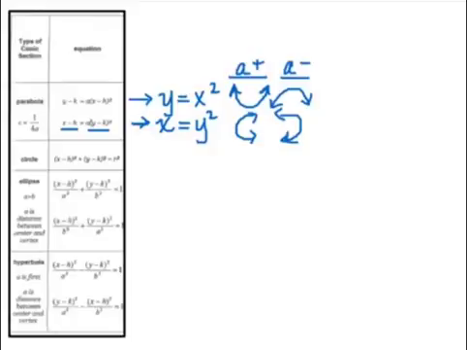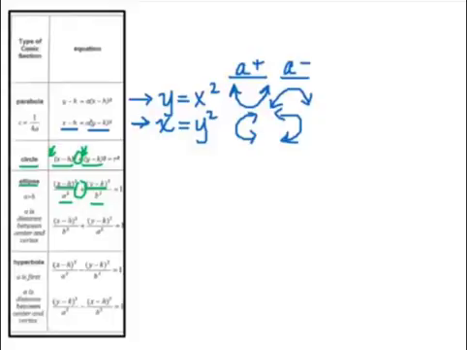Then for a circle, you'll have both the x squared and the y squared, and you'll have a plus in between them. The circle and ellipse are similar in their properties in that the x is squared and the y is squared, and there's a plus as well in the ellipse. The difference is there will be a number underneath, or sometimes that number will be in front, here and here.